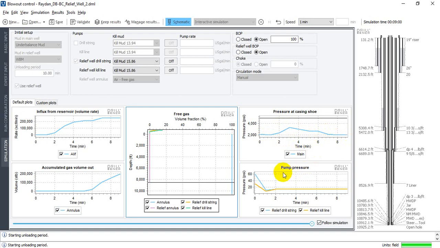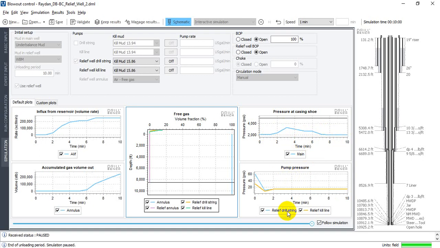Pump pressure: we have the relief drill string, the blue relief drill string, it is for the drill string for the relief well, and the relief kill line. It is constant, starting from 30 psi and constant at about 18 psi.